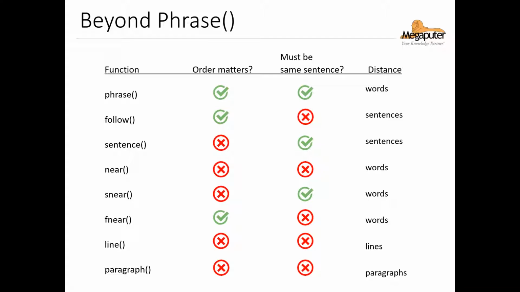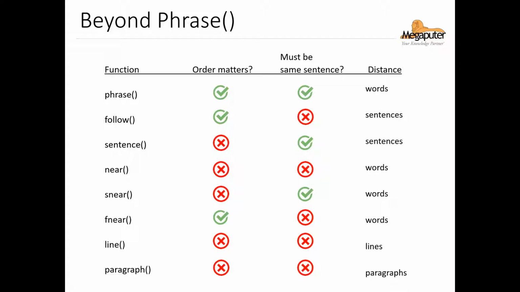Now, some functions have additional parameters or additional constraints they want to place on a query. So, for example, phrase, there's an ordering constraint, and then there's also a constraint that the words in our query have to be part of the same sentence. So both of those constraints are present in the phrase function.